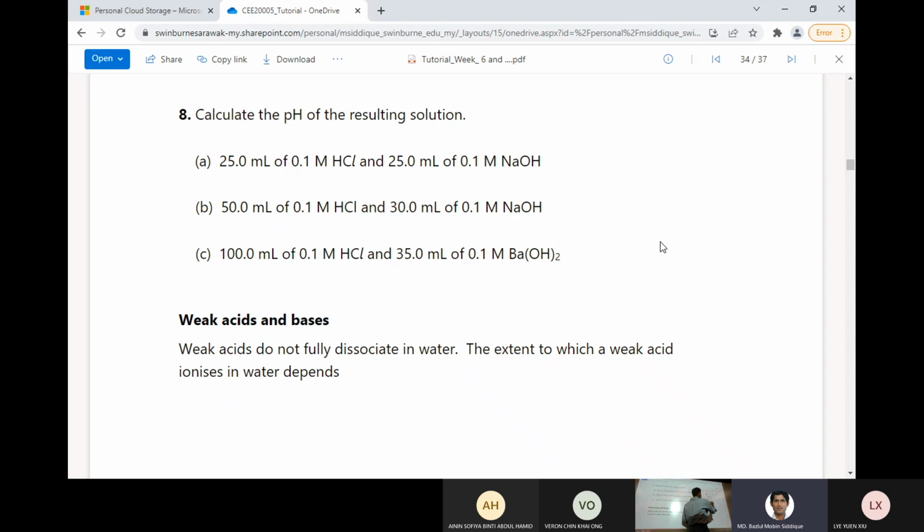So 80 milliliter, I mean in liters, not milliliters, is 0.08. So this is the concentration you find: 0.025. And the pH will be accordingly.